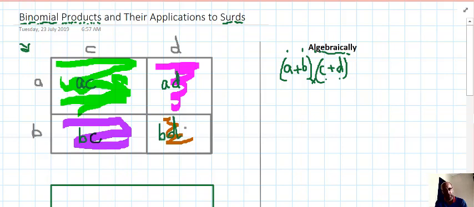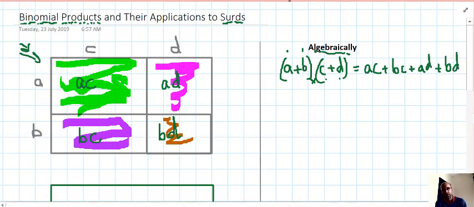Okay, so we've got AC, AD, BC, and BD. And that's actually the result of this binomial product. Now, all of these 4 areas come together to add to the total rectangular area of the bigger shape. So we have to add them, don't we? So AC plus BC plus AD plus BD.